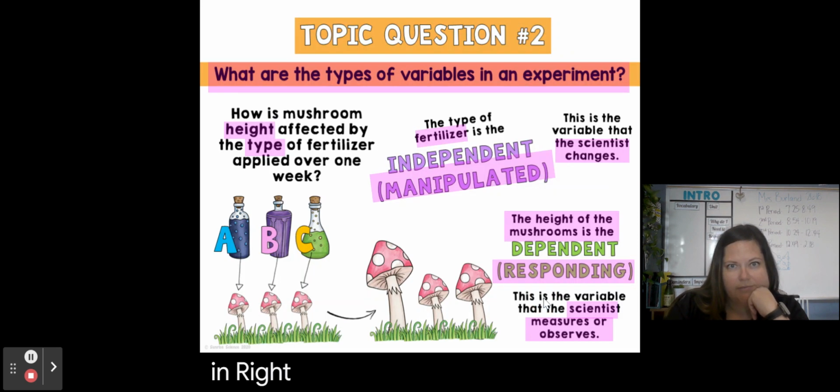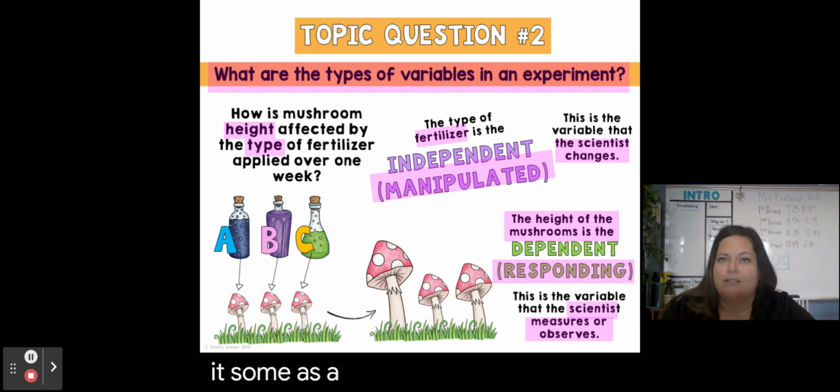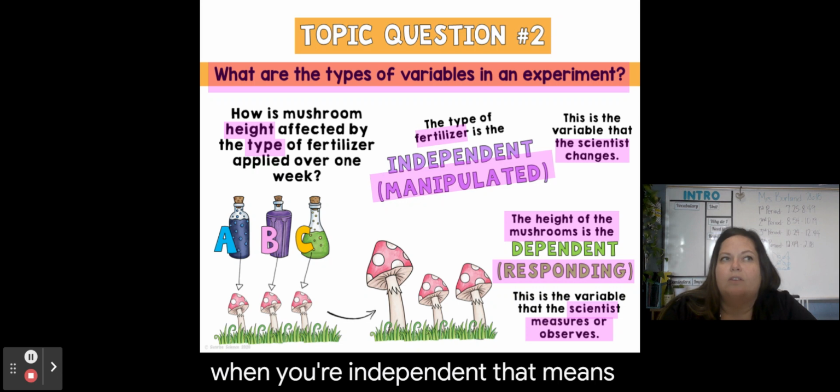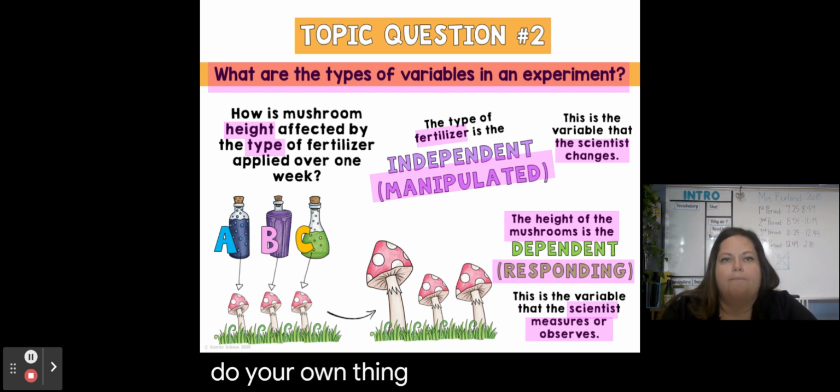Topic question number 2. What are the types of variables in an experiment? This can be confusing, so make sure you're paying attention, and we're going to talk about it some as a class as well. So we have our independent variable. When you're independent, that means you don't rely on anyone else. You do your own thing.